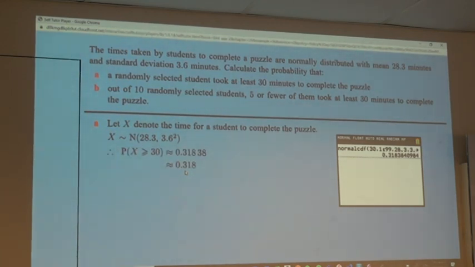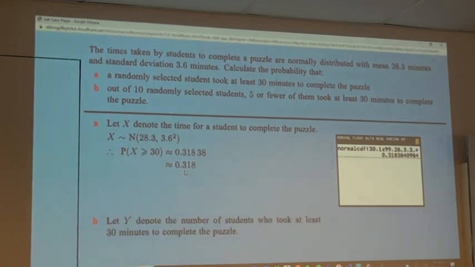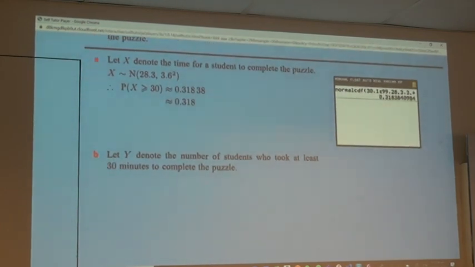Look carefully at part B. Suppose y is the number of students out of 10 who took at least 30 minutes to complete the puzzle. What type of distribution is y? We have 10 independent trials of an experiment, and we consider each trial to be a success if the student completed the puzzle in at least 30 minutes. So, y is a binomial random variable with n equals 10, and from part A, the probability of a success is approximately 0.318.